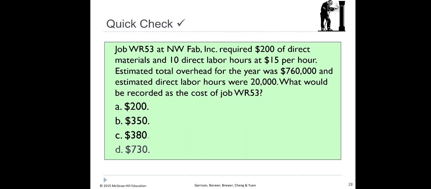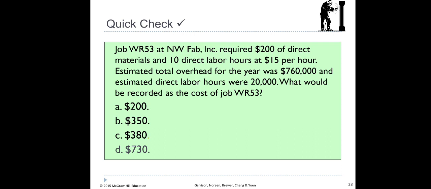And then estimated total overhead for the year was $760,000 and estimated direct labor hours were 20,000. What will be recorded as the cost of job WR53?